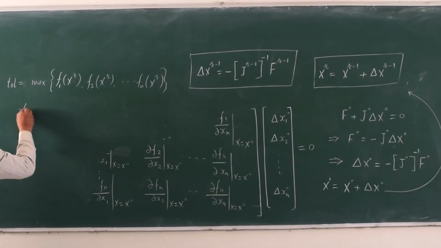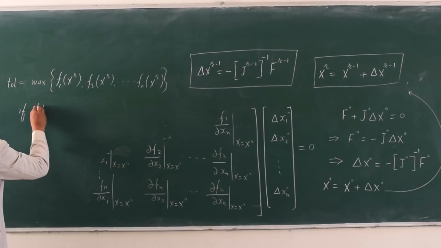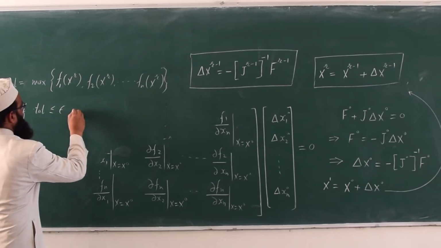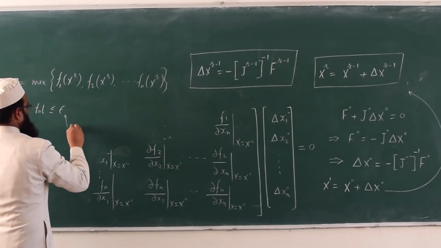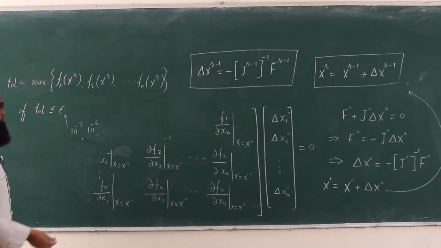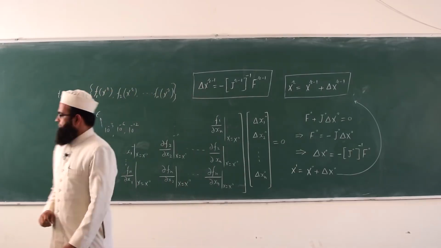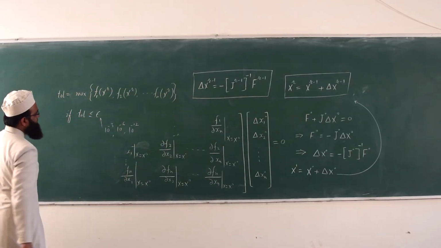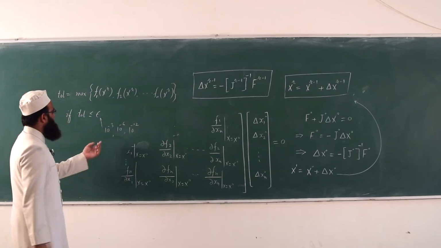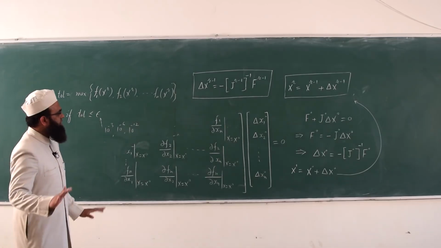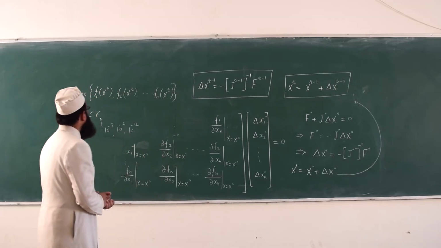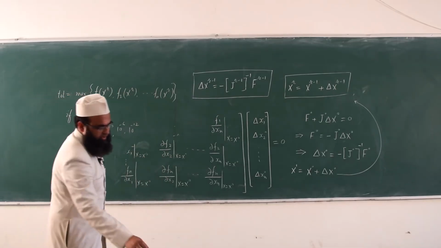If this tolerance is equal to or less than some epsilon, maybe 10 to the power minus 3, minus 6, etc., which you can tolerate, 10 to the minus 12, whatever you can tolerate, we have to stop there, and the updated x r will give the solution.